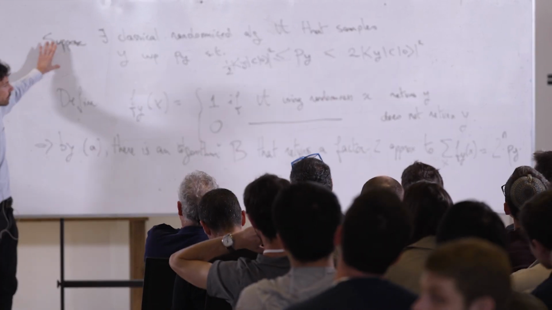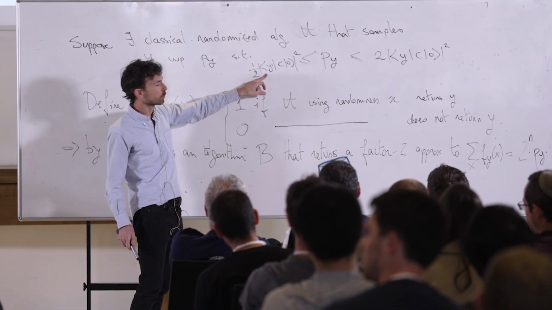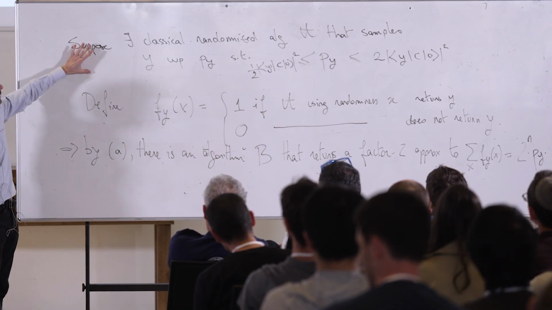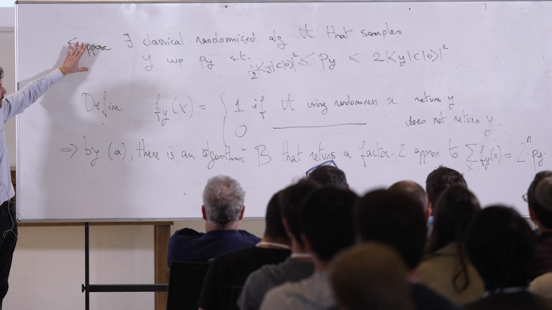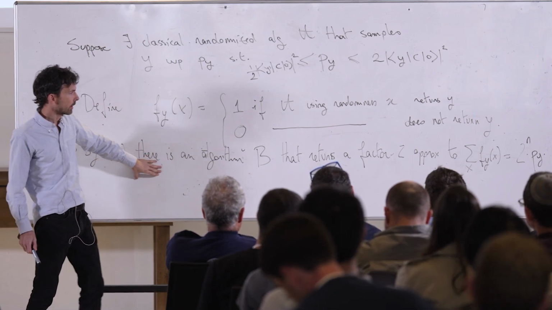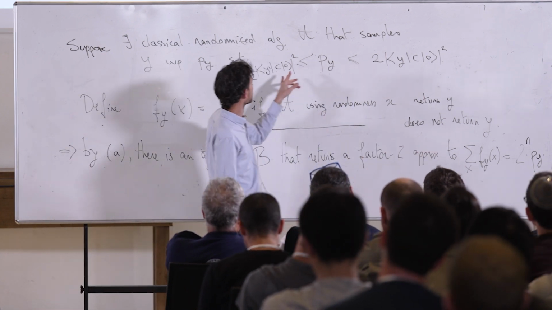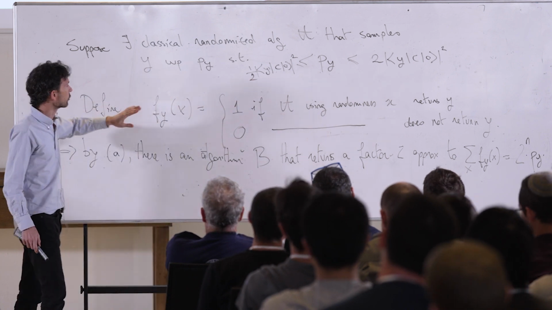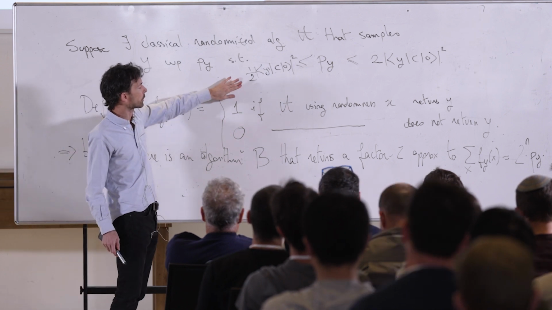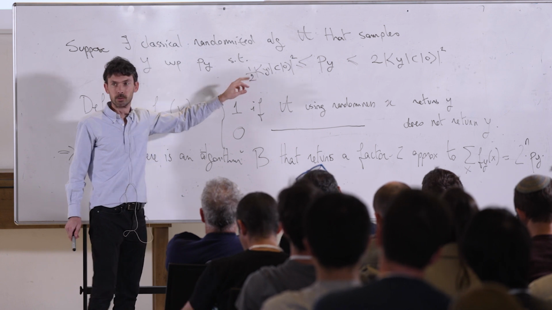So by the assumption, 2 to the n times p_y is a factor 2 approximation to 2 to the n times the output probability of the circuit. So what we've shown is that if there exists a classical randomized algorithm that's able to do that, then there's another algorithm, an efficient classical algorithm B, that returns a factor 2 approximation to this, which is a factor 4 approximation to the output probability of the circuit. So this was an assumption. The conclusion is that we have an algorithm that approximates up to a factor 4 the output probability squared.